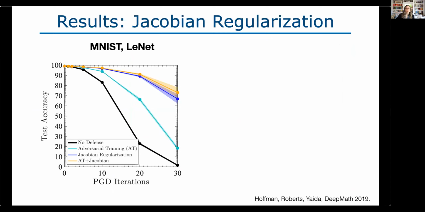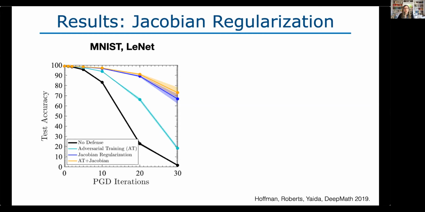Once we do that, we can, of course, evaluate on standard adversarial robustness benchmarks. The focus of this paper was not necessarily against a particular attack, but of course, we want to evaluate against some of the attacks that people look at in the literature. So on MNIST, we looked at the PGD attack as you varied the number of iterations.